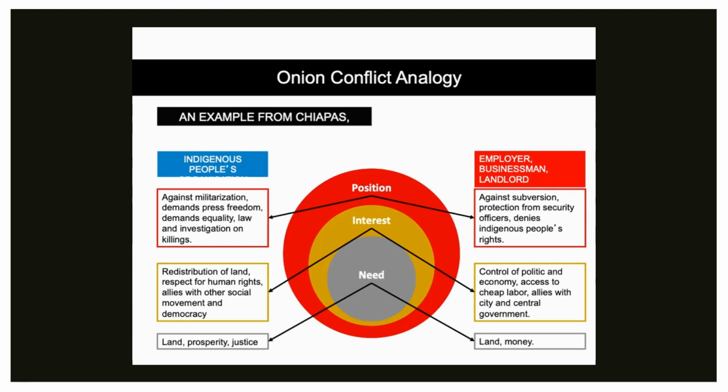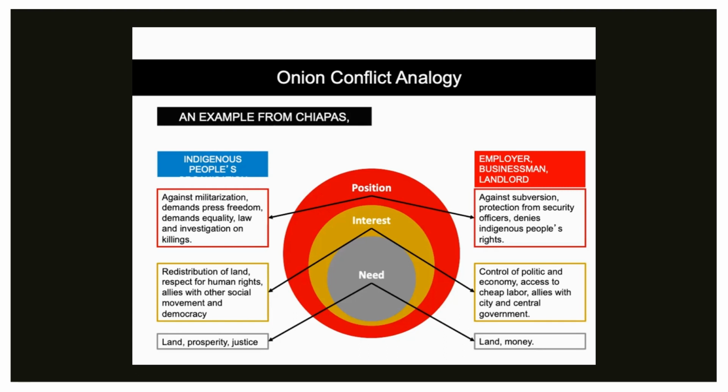The indigenous people's position is that they need to stand against militarization. They say they need freedom and equality in law. But the businessman and the landlord see the indigenous group, the Zapatista group, as a rebel group. That is the position.